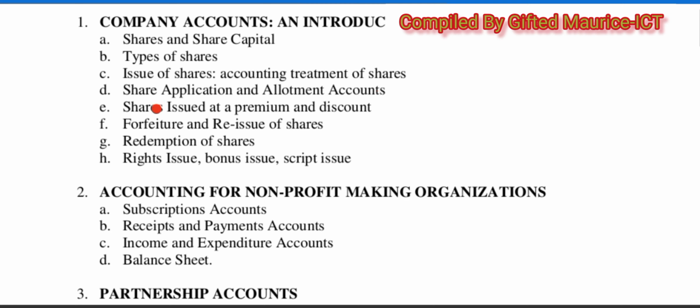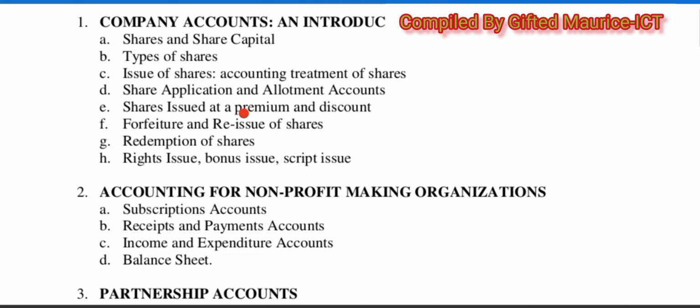And then after that, there could be other installments which we call calls. So the company may, after allocating shares to the applicants, require the remainder of the monies unpaid to be paid. So they will make calls to the applicants who have been allotted the shares.